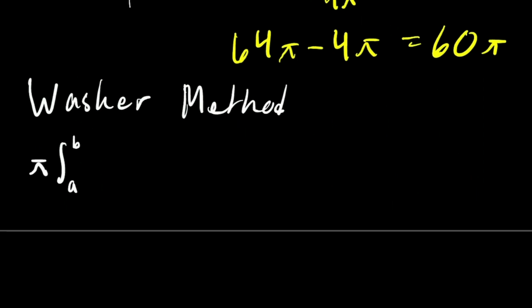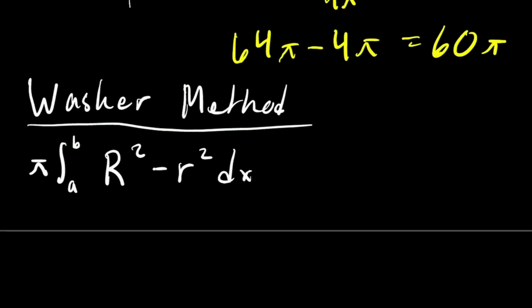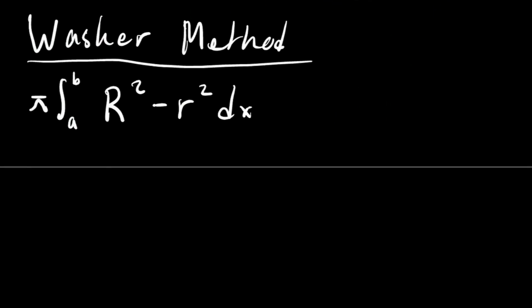Don't forget the pi. I've been doing that often. Of f. Oh, sorry. Went back to disk method. Of r squared minus little r squared dx. So it's the same idea as disk method.